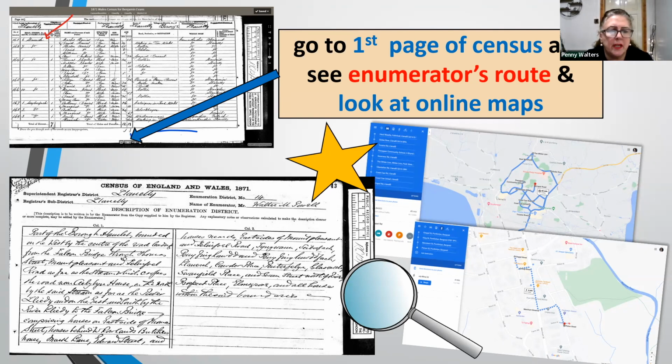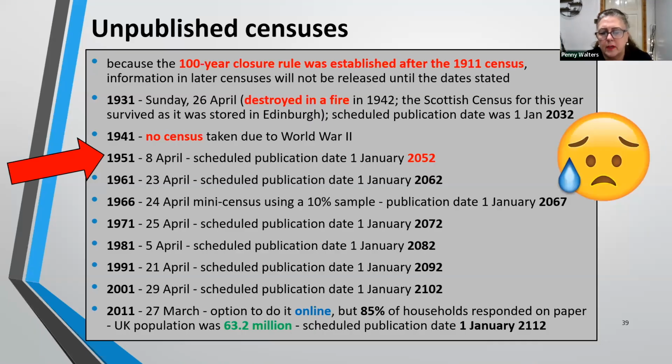So they were between this road that I can read and that street that I can read, and then I can generally work it out. So go to the census, go to page 1, follow the enumerator's route if you can read it, and then you can locate your ancestor. If you can't read it, you know, the handwriting's a bit squidgy.